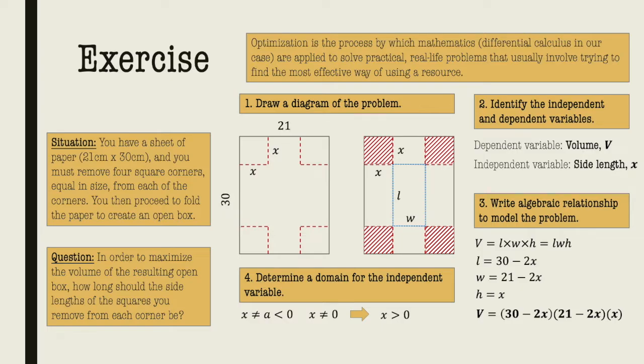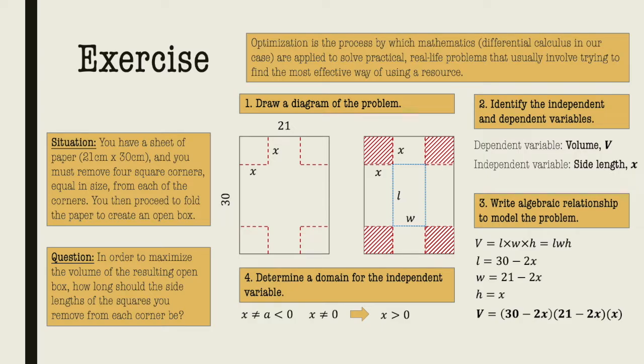Additionally, there is an upper limit to the value of x as well. For instance, x cannot be 100 centimeters, as that is longer than the actual length and width of the paper. The smallest dimension of the paper is 21 centimeters, the width, and from that we will be cutting 2x.